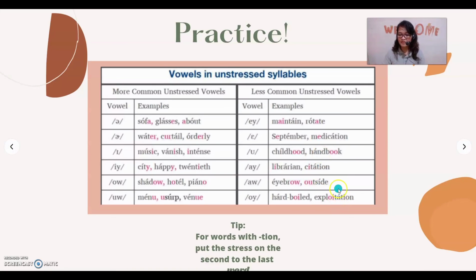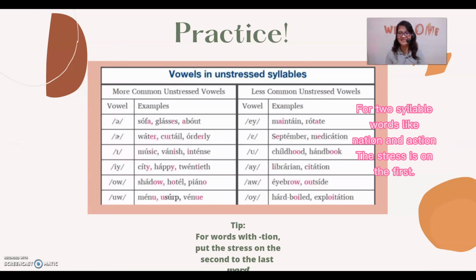So the second to the last syllable is being stressed. Same with cooperation. Thanks for your cooperation. Attention, guys. Vacation. We don't say it the wrong way. Of course not. So vacation.